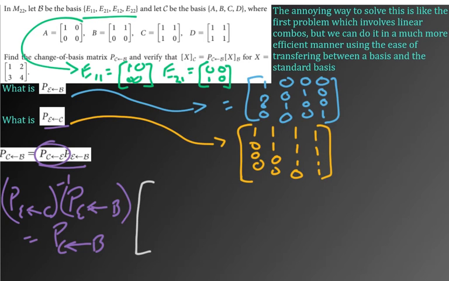So what you can do is, and you just use a computer to help you do all this, 0, 0, 1, 0, 0, 0, 0, 1. So this matrix needs to be inverted, right?